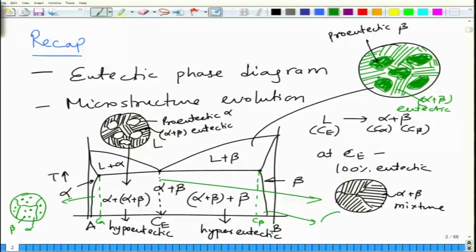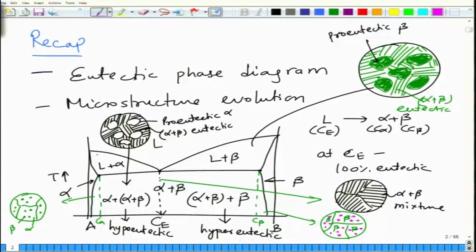In these other regions you will have similar, but you will have these grains of beta, and within these beta grains you will have alpha phase as tiny precipitates. Alpha phase is present as precipitates because there is no liquid here that undergoes the eutectic reaction.